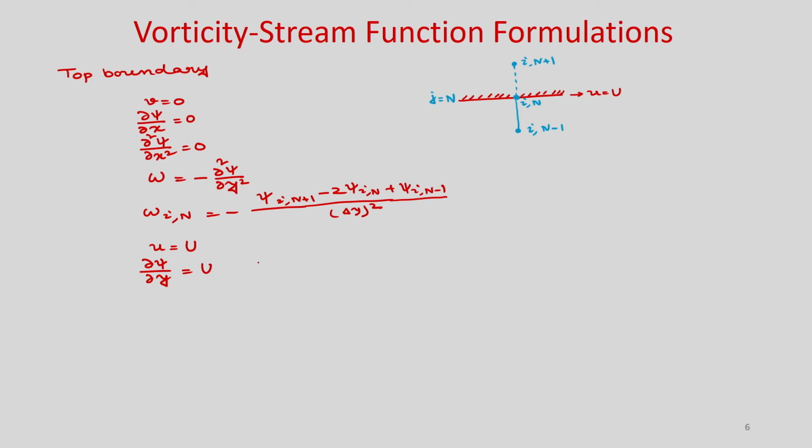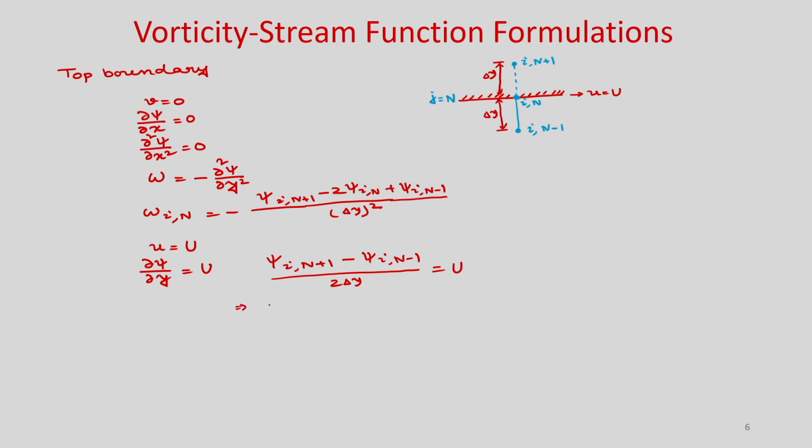You can discretize this using central difference: psi I n plus 1 minus psi I n minus 1 divided by 2 delta y, where this is delta y and this is also delta y, is equal to u.